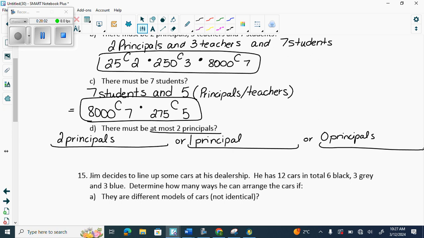So we have 2 principals and 10 others, or 10 not principals, technically, right? Or we could say 10 students, or I don't remember what we have. Students or teachers, right? I'm just going to say not principals. 1 principal and 11 not principals.